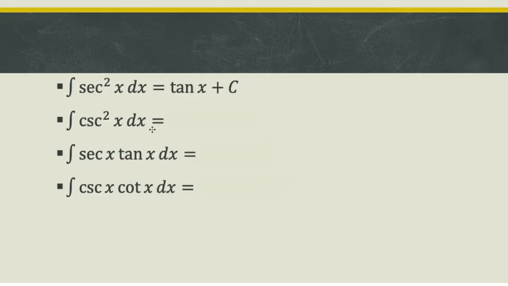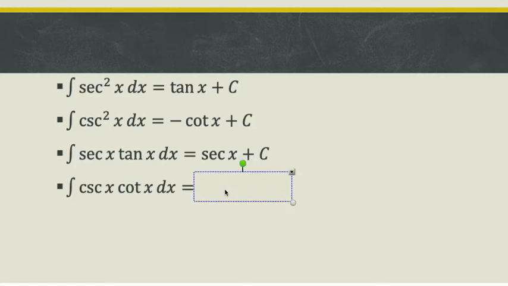How about cosecant squared x? Cosecant squared x is cotangent, but again, we got to have that negative there. Secant x tangent x is secant x. And cosecant x cotangent x, again, this is a -1, negative cosecant x.